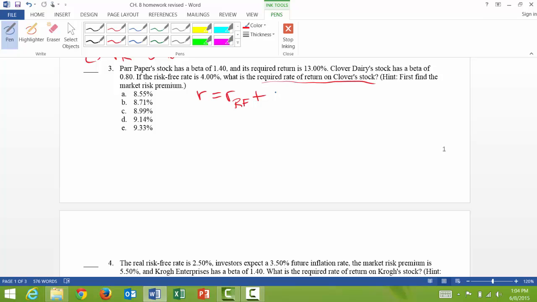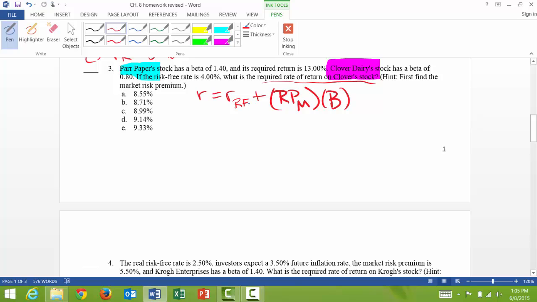Okay, so we're given information here on 2 different companies. One is Par Paper and the other is Clover Dairies. And so the equation, this is like the shorter way to write the CAPM equation. We were just looking at this, where we have the beta times the market risk premium.